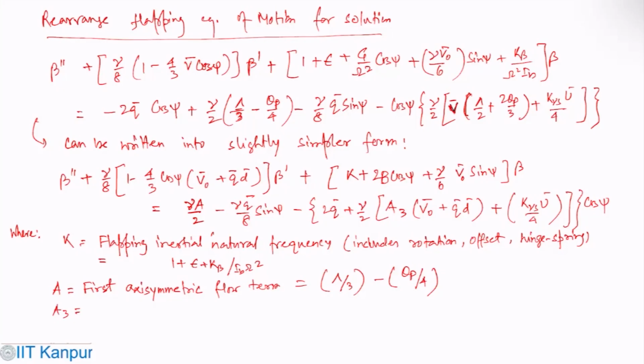A3 is the second axisymmetric flow term, which is gamma minus 2 to theta p by 3.